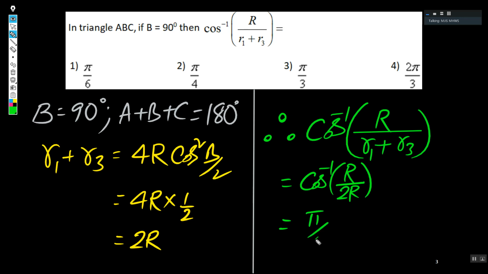Questions are simple but totally formulae oriented. These are all formulae oriented.